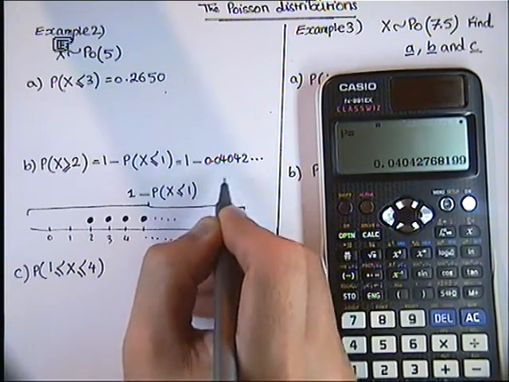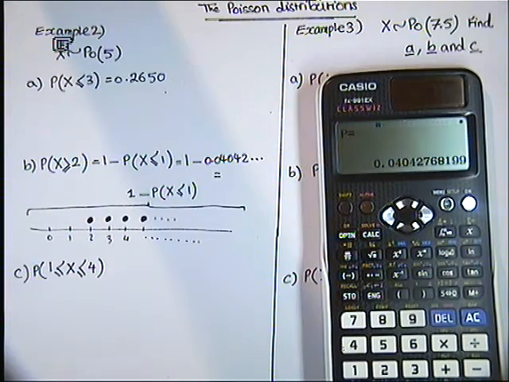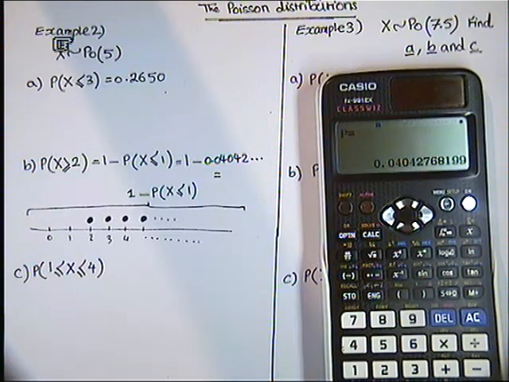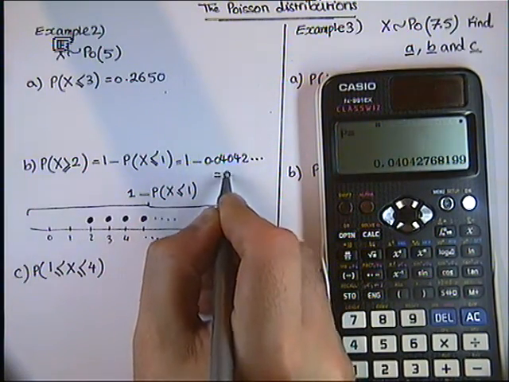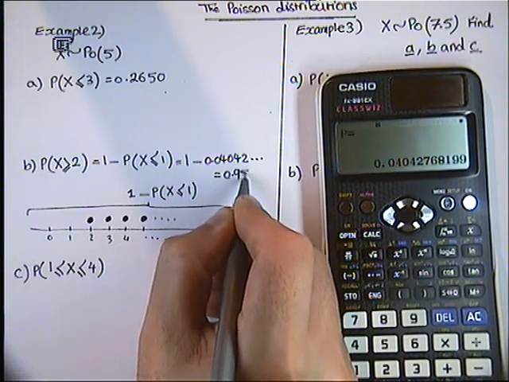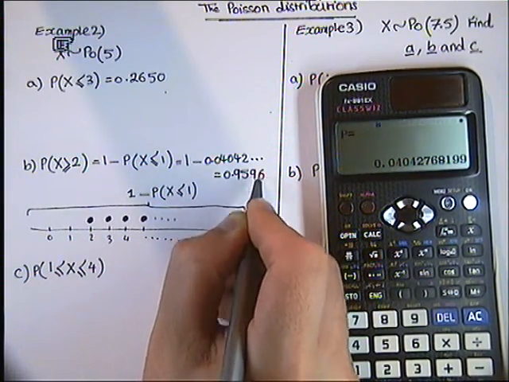Definitely save this solution in your calculator and take away the exact value of this from 1 rather than the rounded value. Then round it up right at the end. If you do that, you should get 0.9596.